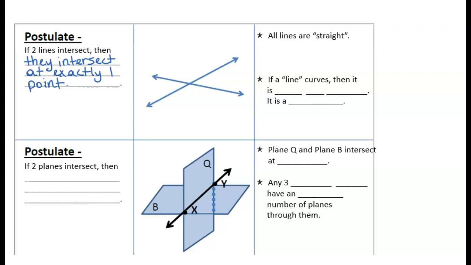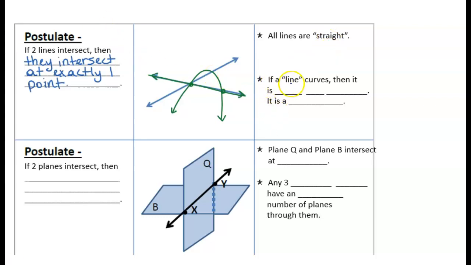Some of you may be thinking, well, if I have, let's use green, if I have one line and I have a line going through right here, well, then I can just bend it over and make it intersect at 2 different points. That brings us to our next piece of information, that all lines are straight. All lines are straight.